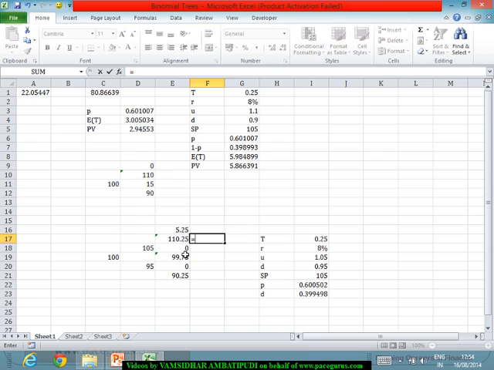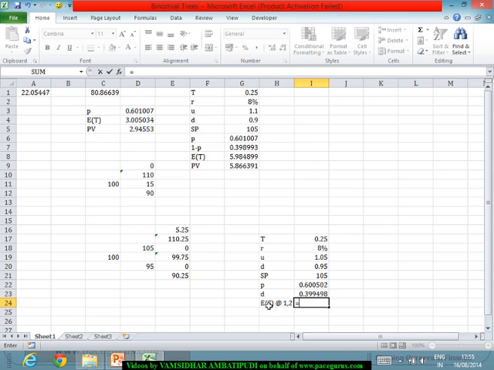So I'll take the expected value of ST. So probably let me write it as expected value of S at node 1 and 2.